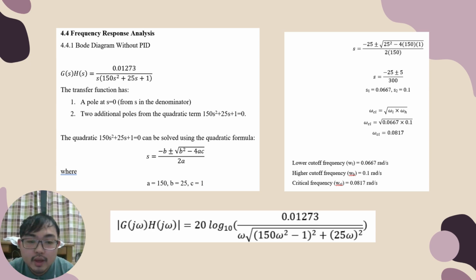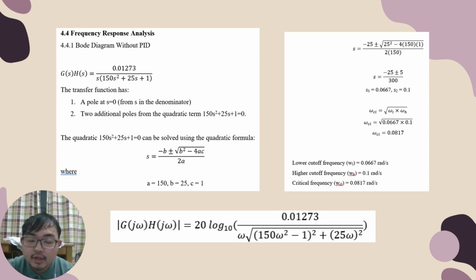After substituting the values, we get the lower cutoff frequency equal to 0.0667, followed by the higher cutoff frequency equal to 0.1. The critical frequency is the square root of the multiplication of the lower and higher cutoff frequencies.